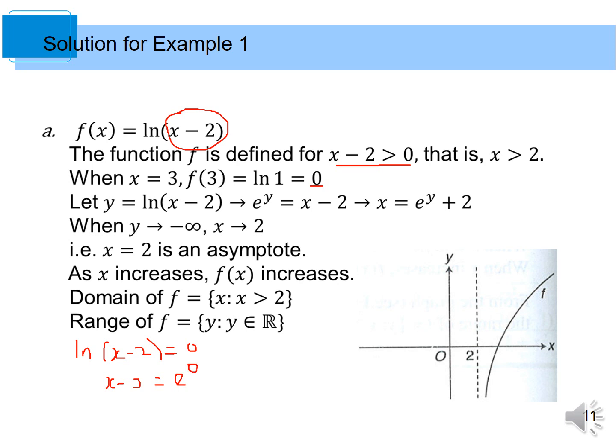Compare the input and output: the output 0 from the natural log function now becomes the input of the exponential function. In other words, we take the natural log function to the right side, so it becomes the inverse. And exponent 0 is equal to 1, so x equals 3, the x-intercept.